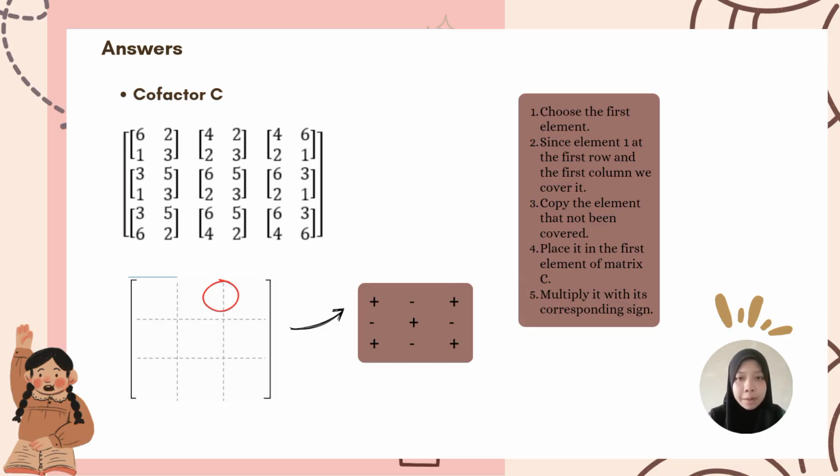To find the first element, we cover or ignore the first row and first column. Then, copy the remaining elements into a 2 by 2 grid. We repeat this process for all 9 positions, ensuring we multiply each result by its corresponding sign from the checkerboard pattern shown on the right.